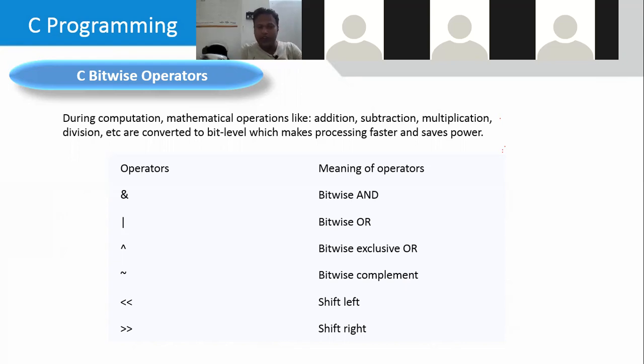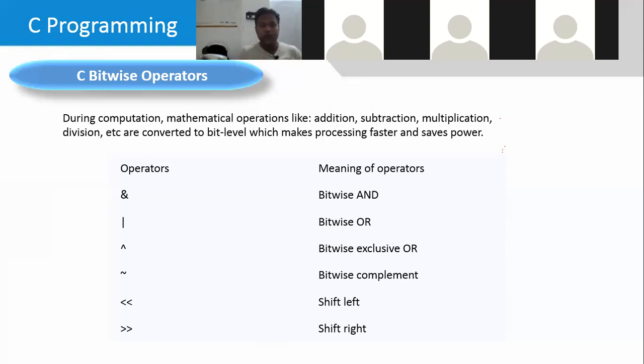Any value that you type on the keyboard, like A, B, C, D, is a letter for the human, but the computer doesn't understand what is A, B, C, or D. Any information you pass to the computer is converted to 0 and 1 format. So for manipulating that bit level, we're using C bitwise operators.